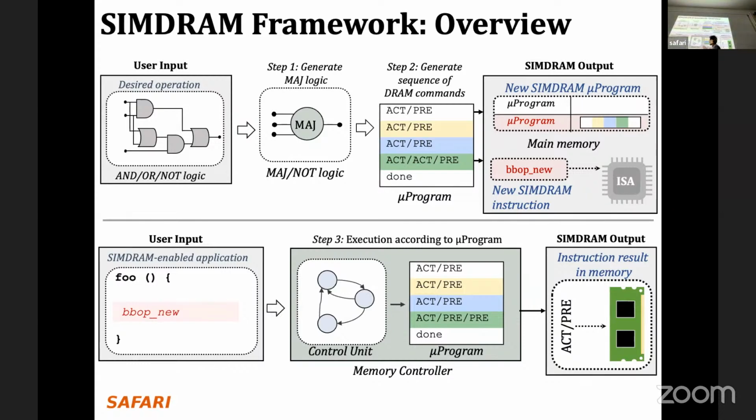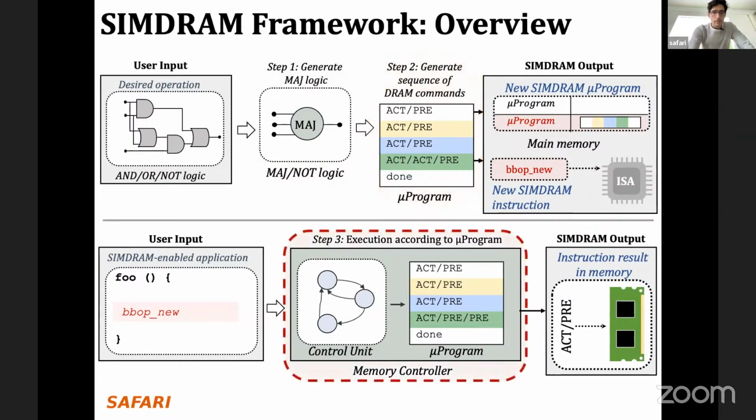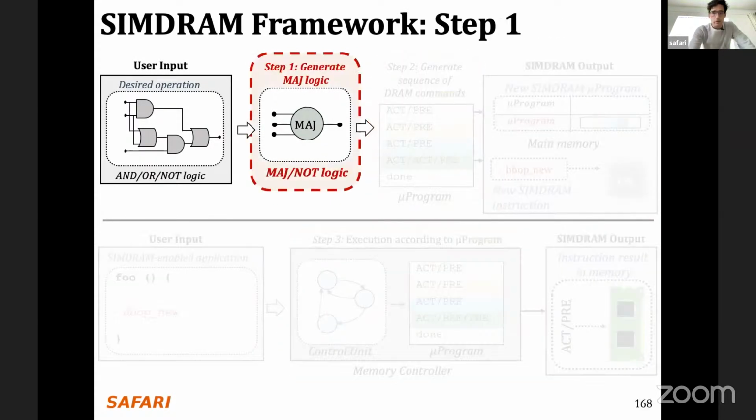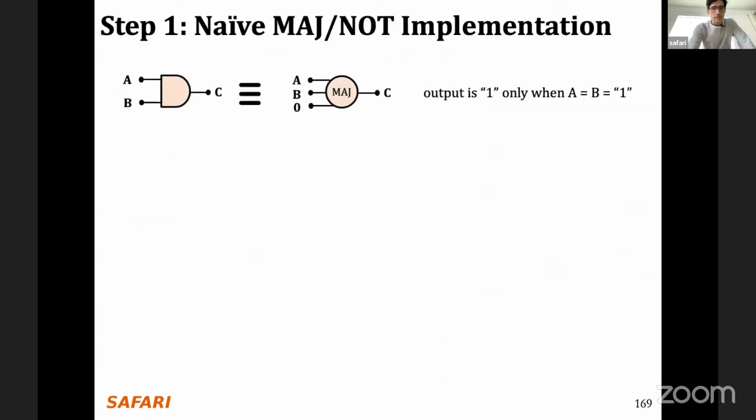The memory controller is enhanced with certain control units and a kind of FSM that is able to read the microprogram and send the required commands to the chip in the DRAM DIMMs, and this way perform the Ambit or SIN-DRAM operations. I think I already explained this first step, second step, third step, and now if you want a little bit more detail, we have it in these slides.